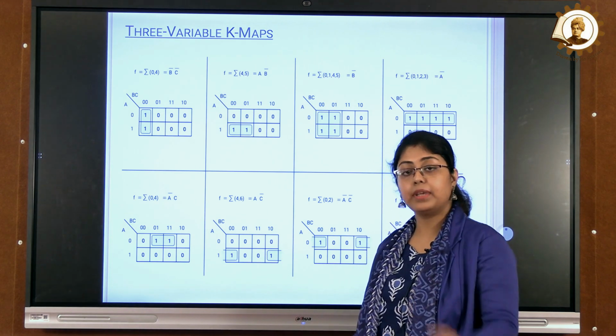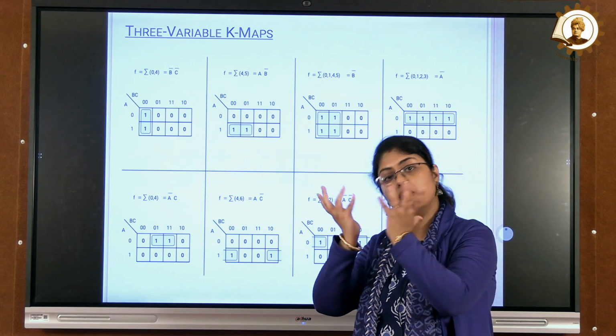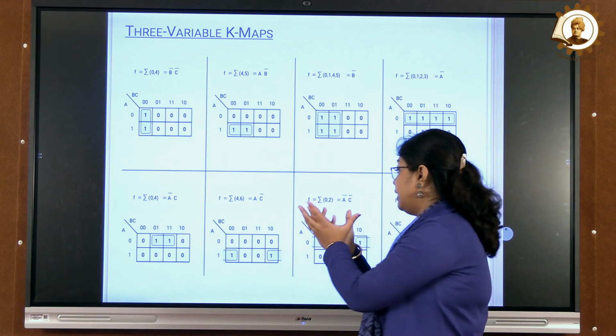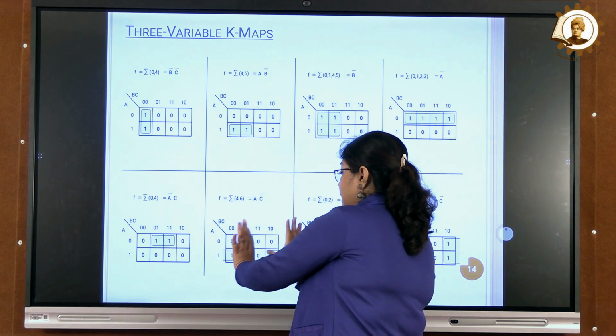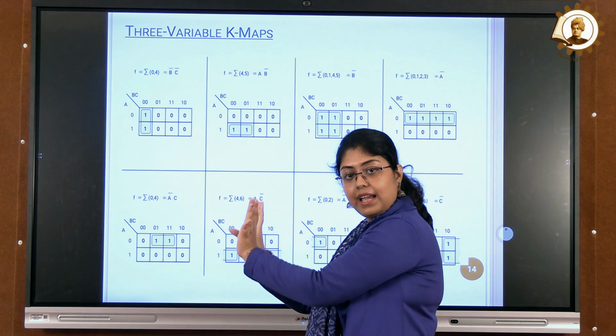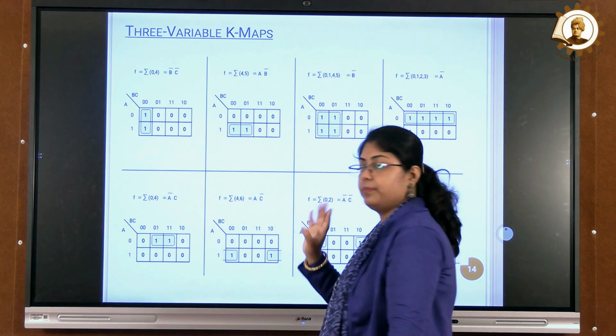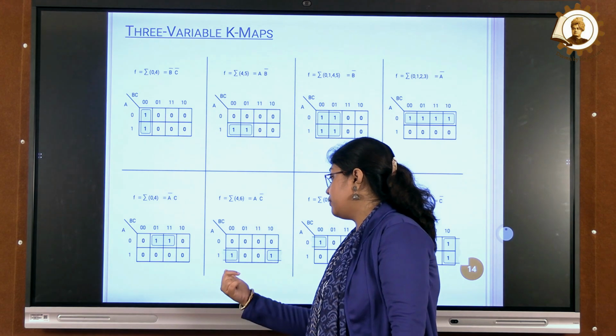But we can group them, because I told you K-map is a 3-dimensional kind of structure and we can fold it. If we think of this K-map as a paper and you fold it, then these ones are coming side by side and we can pair them. This is another very crucial point for pairing.